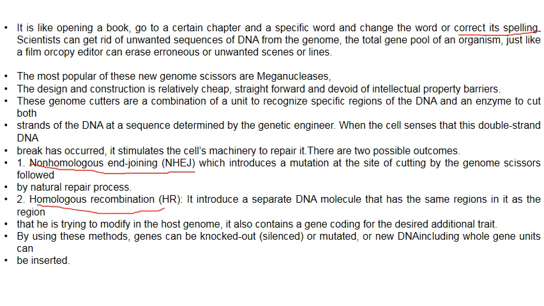In non-homologous end joining, a mutation is introduced at the site of cutting by genomic scissors, followed by a natural repair process. Think that this is a double-stranded DNA and here a particular mutation is induced, and by genomic scissors this particular sequence is cut out, and by the natural repair process, as you know, the genetic errors are repaired by our DNA replication system only.